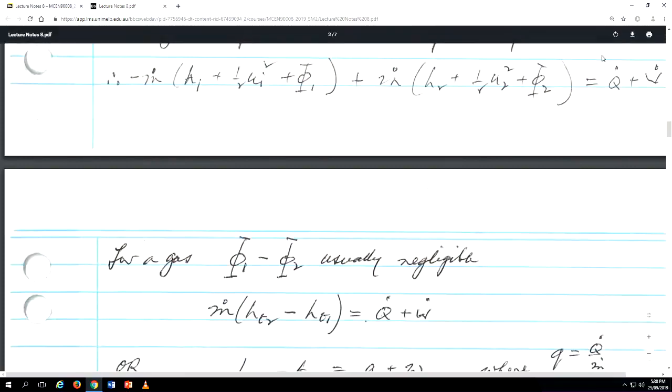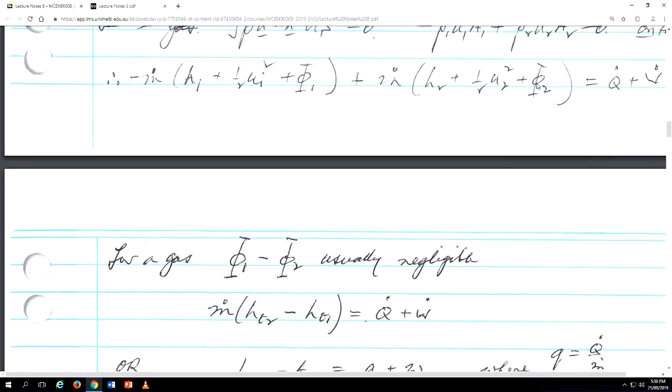Usually this difference in Phi1 and Phi2, if you were talking about a horizontal device, would be negligible.